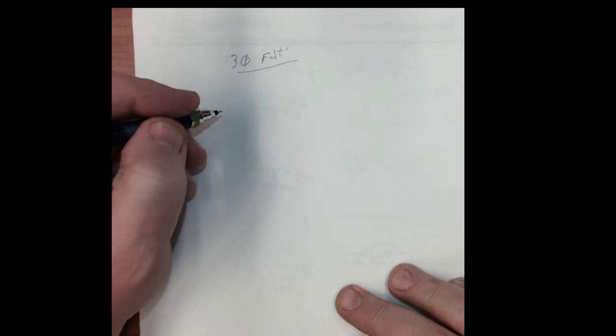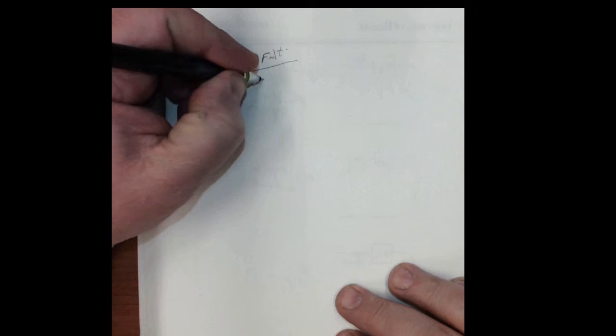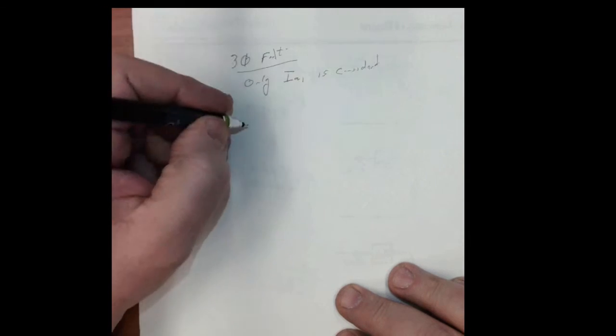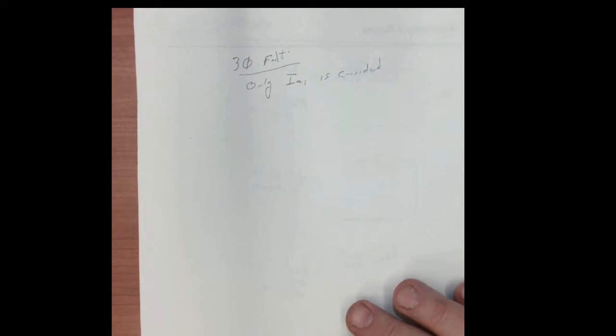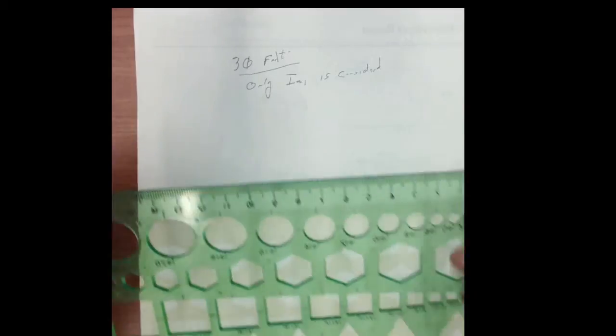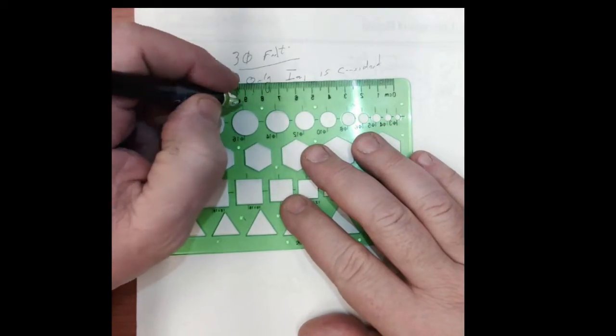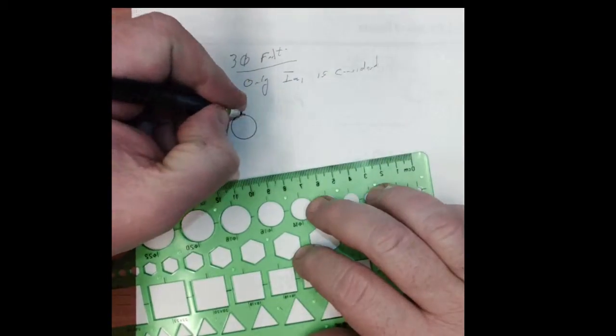So let's look at that. I'm going to look first at my three-phase fault. With the three-phase fault, only IA1 is considered. If I have a solid fault in my three-phase system, my sequence network for finding my fault current would be this.